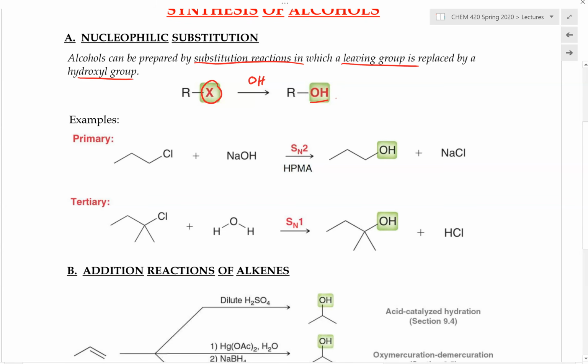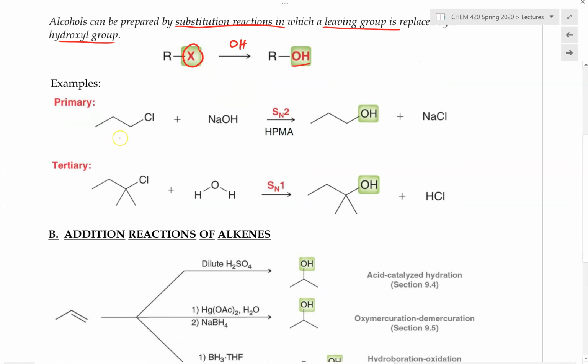For example, if we have a primary alkyl halide, here in this case with the chlorine as the leaving group, and we react this with sodium hydroxide in the presence of a polar aprotic solvent, it will undergo an SN2 reaction to form our alcohol.